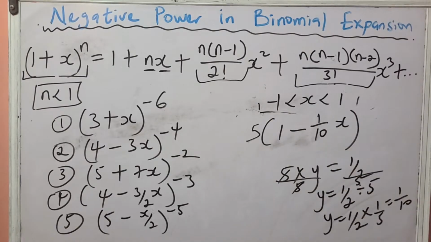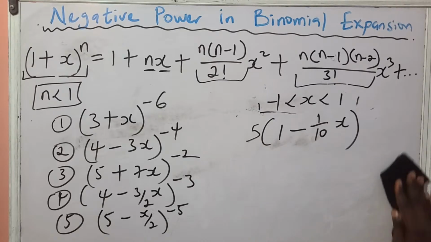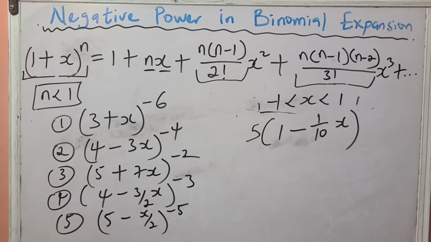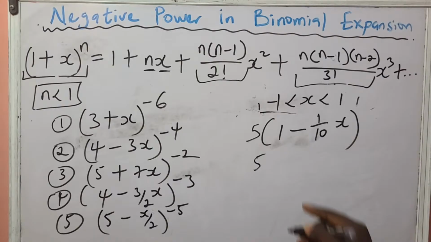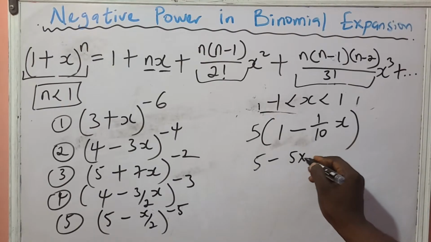All right. Now, because of the complexities involved in this problem, I would love to expand it so we confirm our answer. So this is 5 times 1, 5. This will be 5 times 1 over 10.